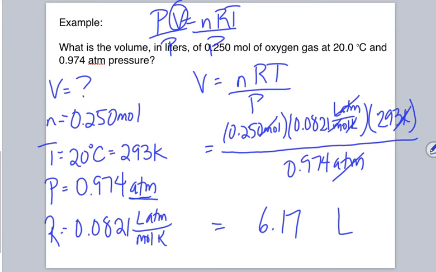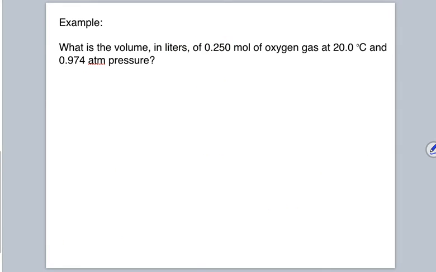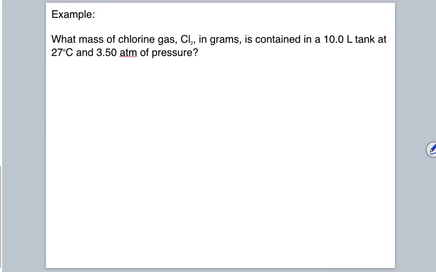We have one more calculation to try out. What mass of chlorine gas in grams is contained in a 10-liter tank at 27 degrees Celsius and 3.5 atmospheres of pressure?